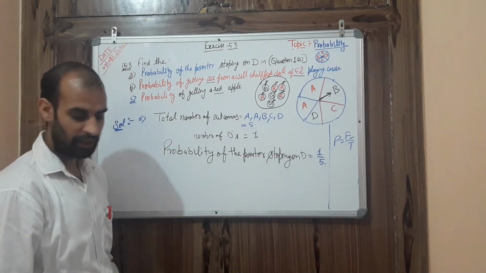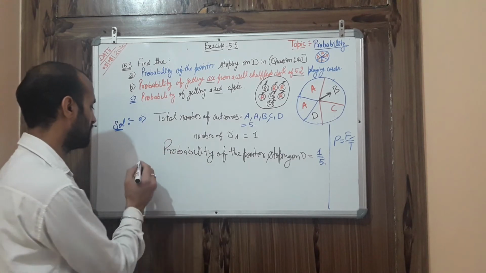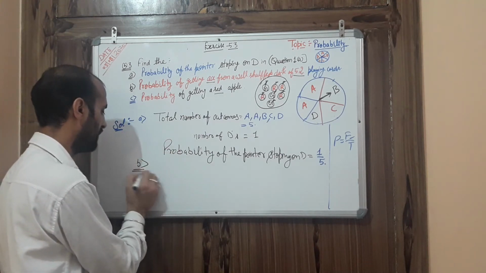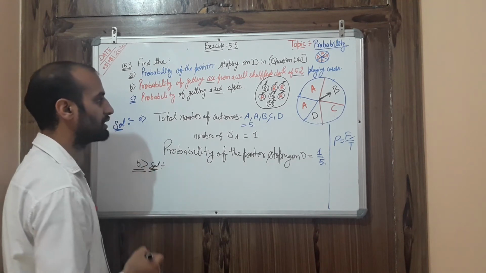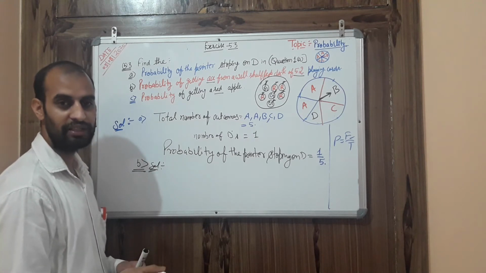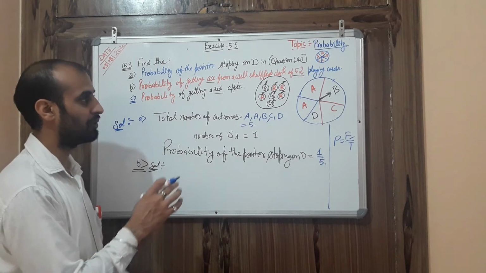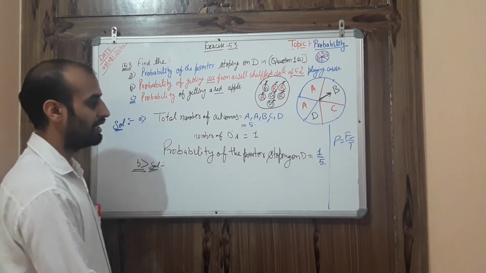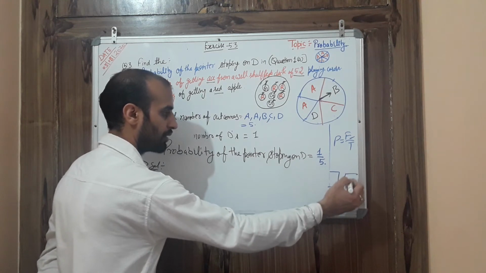So let's move to our second part, related to the aces in a well shuffled pack. First you must know how many cards there are in playing cards. You all know there is a king, queen. If you are talking about cards, there are 4 types.